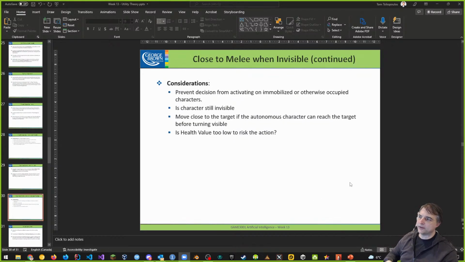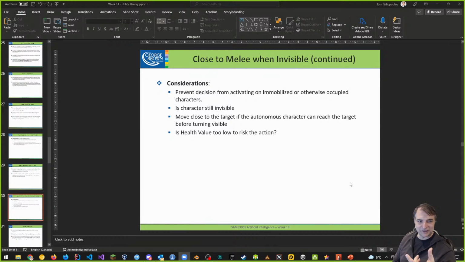So here are some considerations when it comes to this particular line of action. Prevent the decision from activating on immobilized or otherwise occupied characters. I'm not going to put this close to melee when invisible action into effect if I'm currently fighting. It doesn't make any sense.